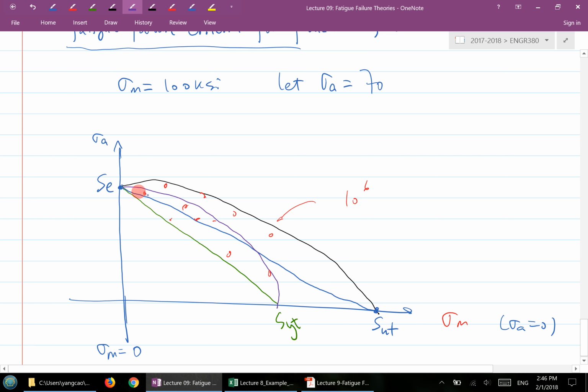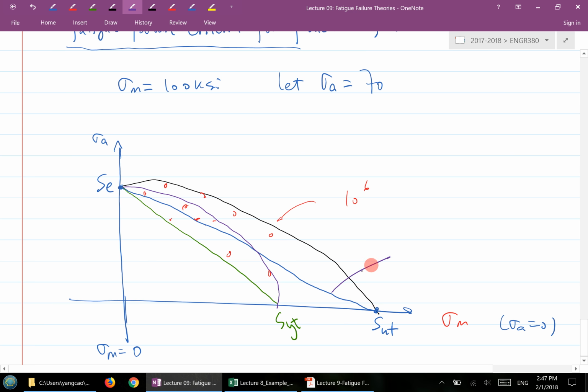Anywhere on that line is 10 to the power 6, which is also infinite. So if you pick a point here, it is all 10 to the power 6 cycles theoretically.